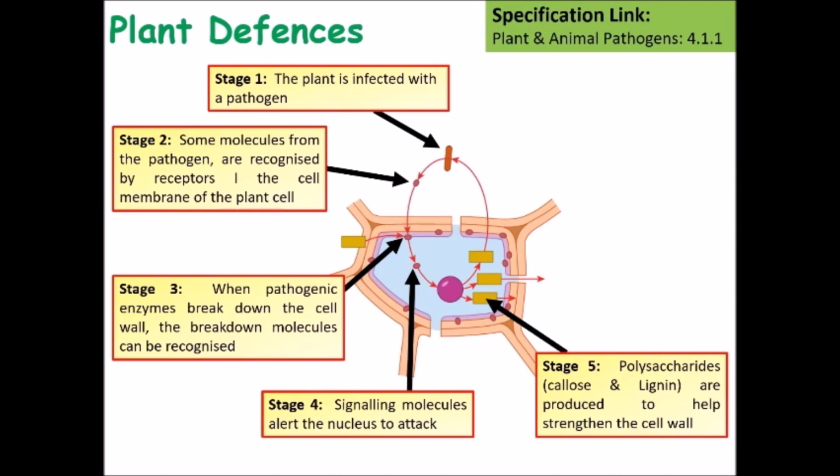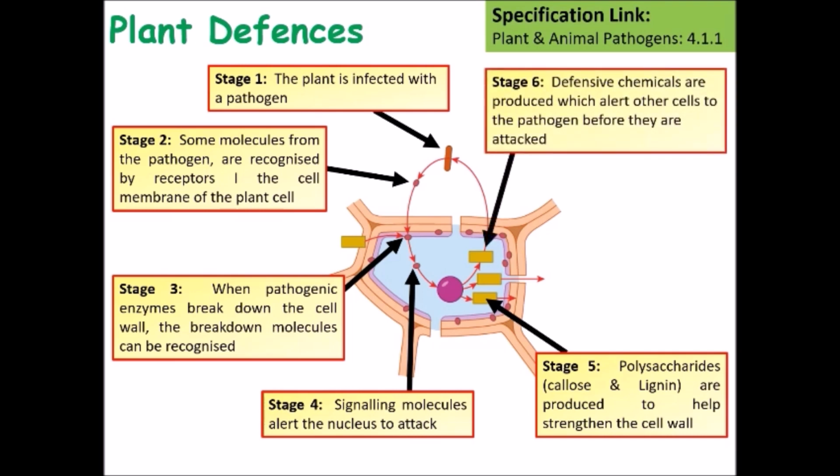Or it can be transcribed into defensive chemicals, which can either act on the infection inside of the cell or quite often be secreted outside of the cell to kill infectious agents, the pathogens, before they enter.